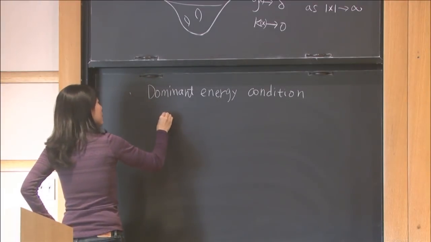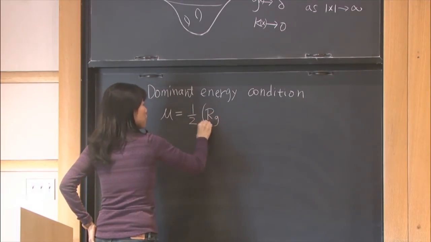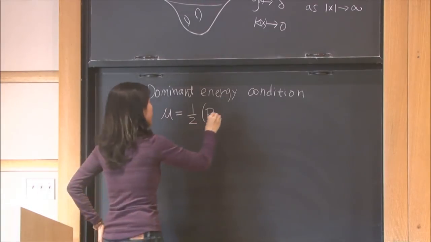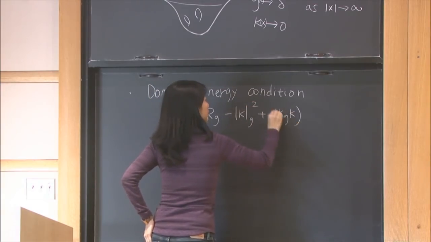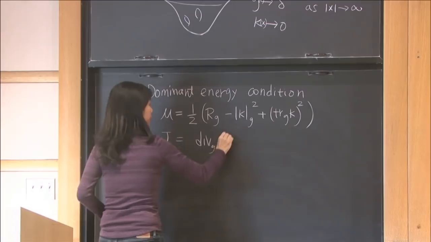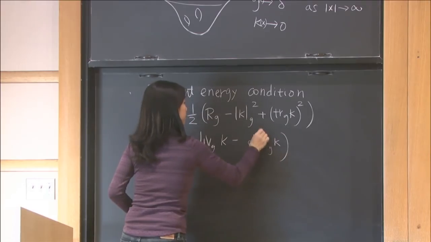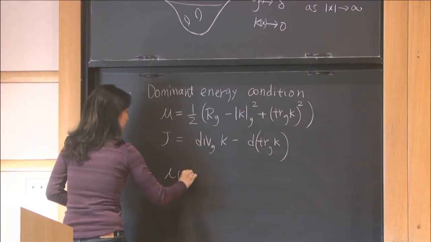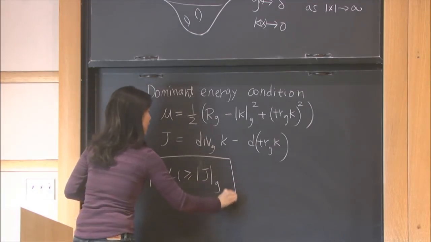But generally, it means if we define this quantity mu, which is related to scalar curvature but also a combination of the extra tensor K, then the dominant energy condition using this notation means this inequality.